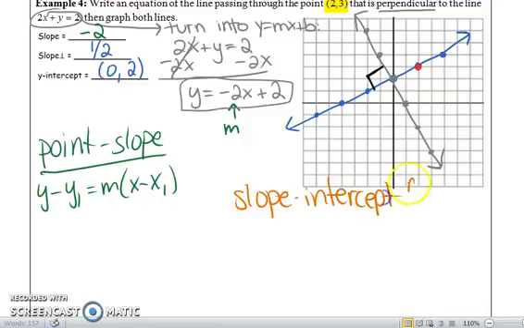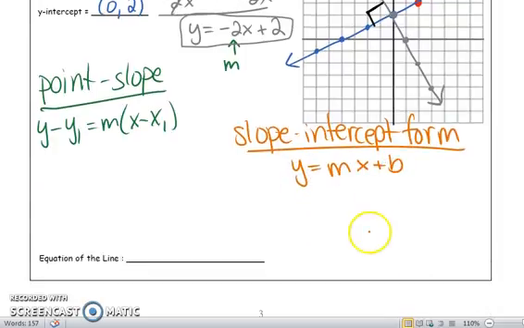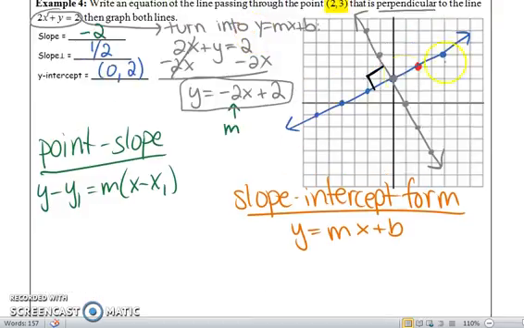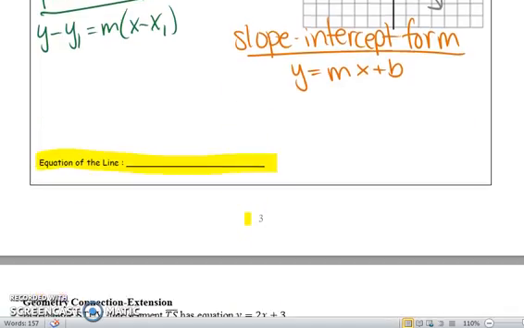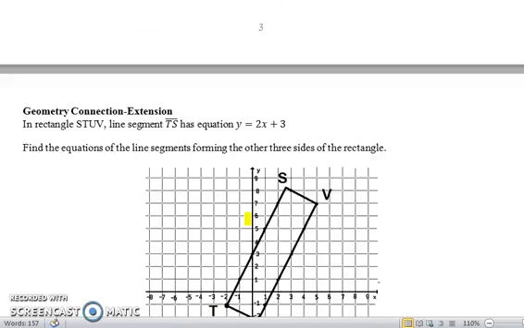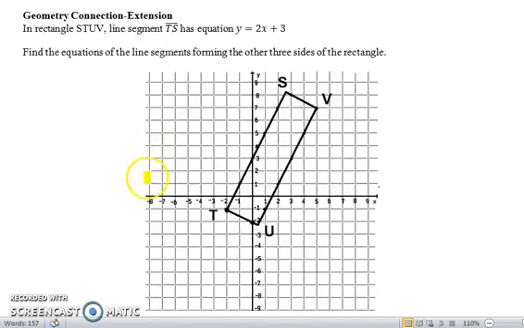And remember, the slope-intercept form was y equals mx plus b. I will save that process of writing the equation of that line that's perpendicular in both point-slope and slope-intercept form, and go ahead and write that on the line down below. When you're finished doing that, try the geometry connection and extension on the last page of these notes.